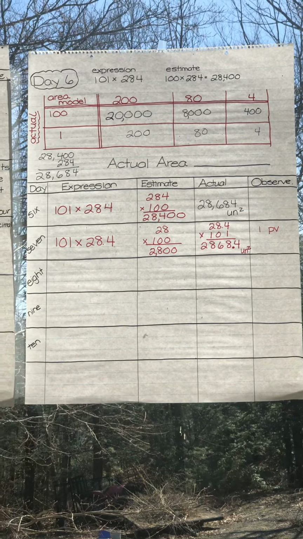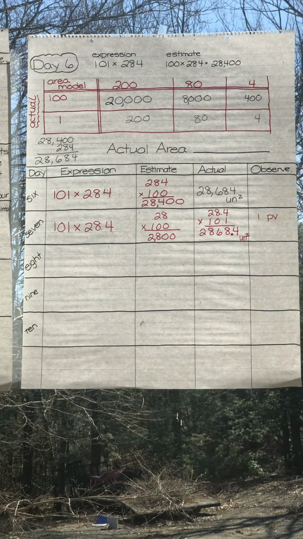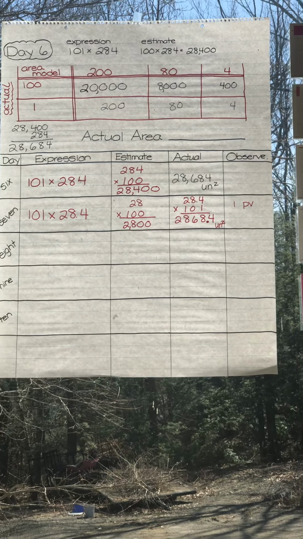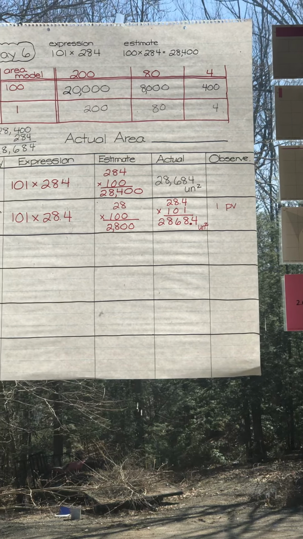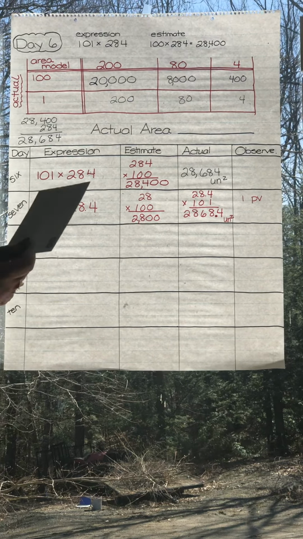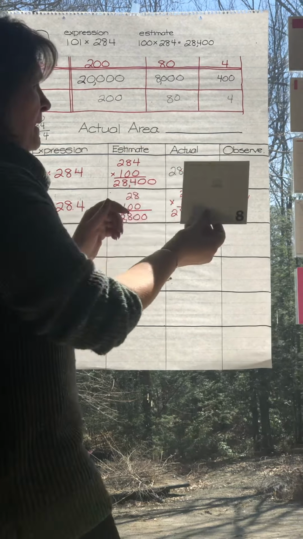Okay, I think we did one more in class, and I will send you these sheets so that you can review them at home and try the ones that are coming up in the coming weeks.